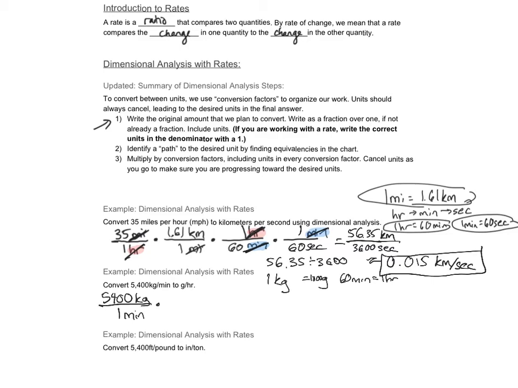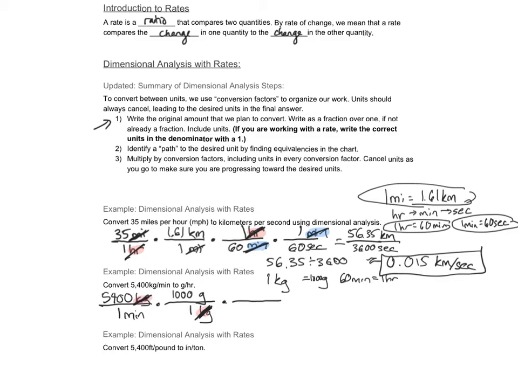And if we want to get rid of kilograms and be left with grams, kilograms has to be in the denominator, because that way these two units will cancel out. And so therefore grams has to be in the numerator. And so we have 1 kilogram is equal to 1,000 grams. And now my units cancel. If I were to simplify from here, I'd have grams per minute. To get grams per hour, I need to get minutes to cancel and be left with hours.